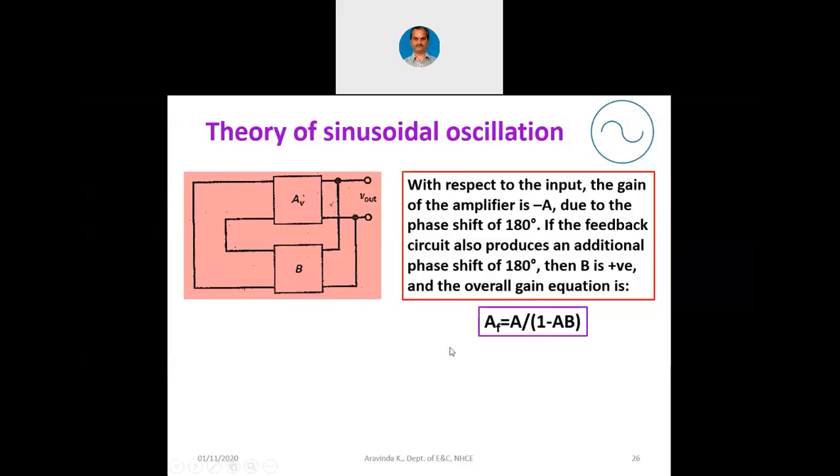So this way, you can see that with A beta equal to 1, the amplifier is going to become an oscillator, and this circuit is going to have positive feedback, meaning the feedback circuit is also going to generate 180 degree phase shift.